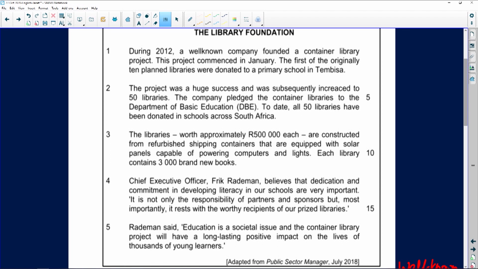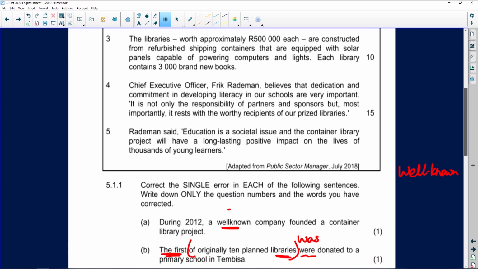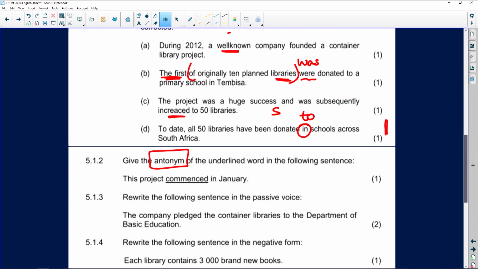The first of them was donated. What does it sound as if commenced means? It sounds as if it means begun. So we need an antonym for begun. What about ended? The project ended. I think that's nice and simple.